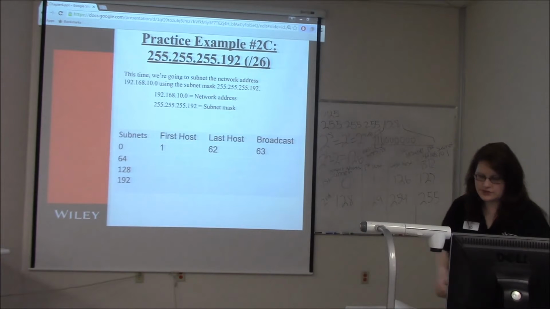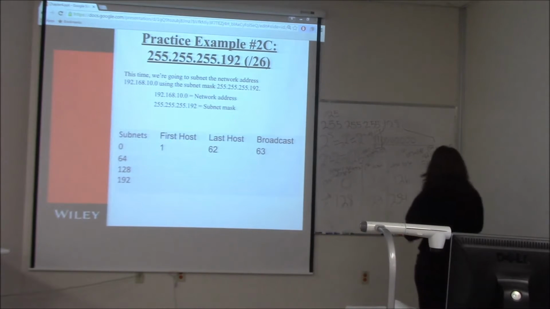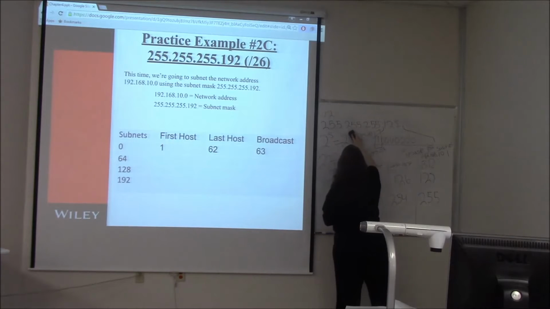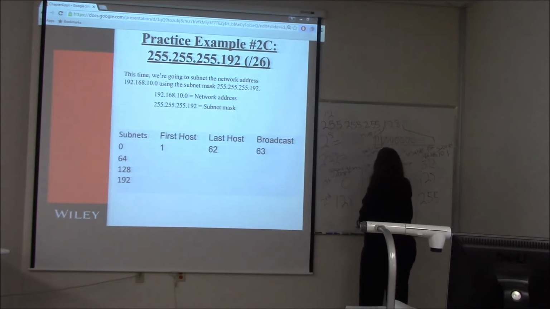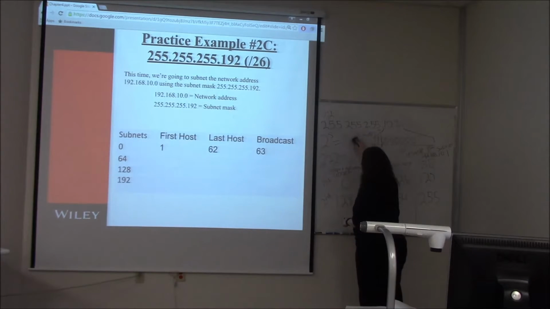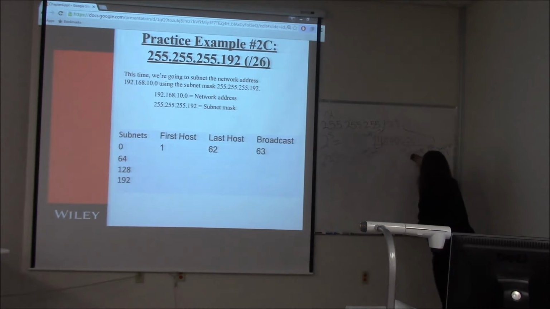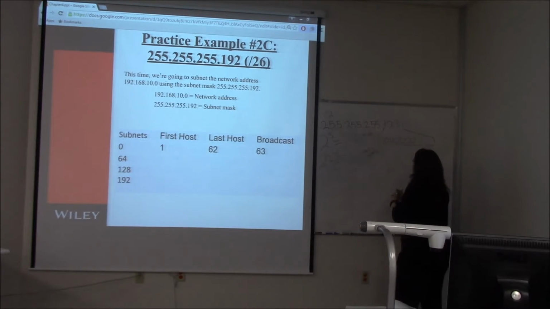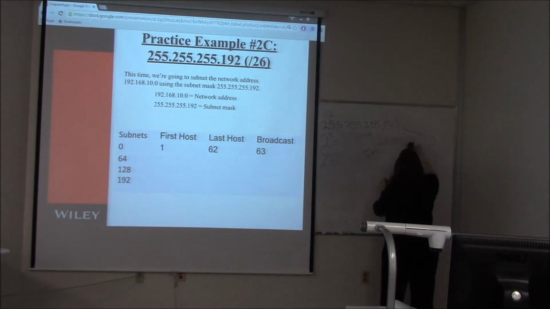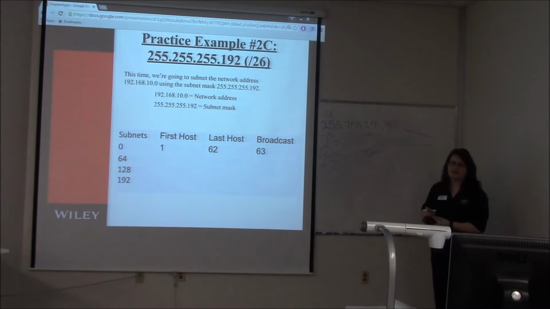Okay, so let's look again at our /26. So if we have a /26, we've got a subnet mask of 192.